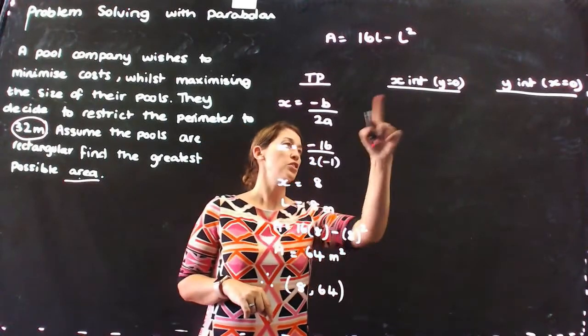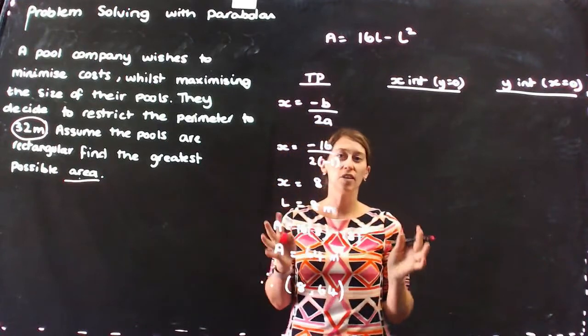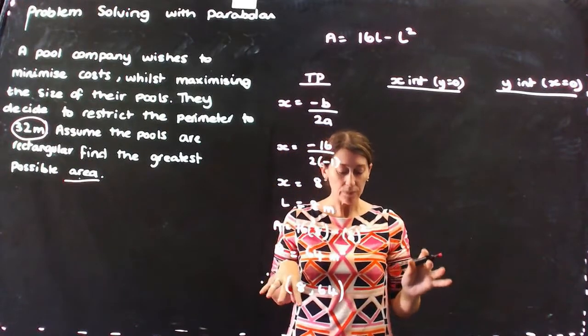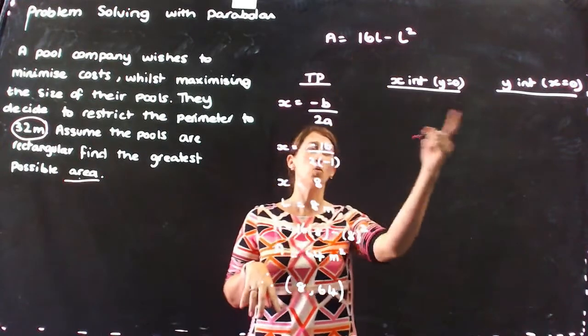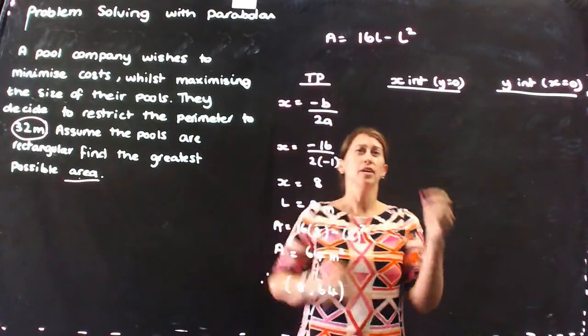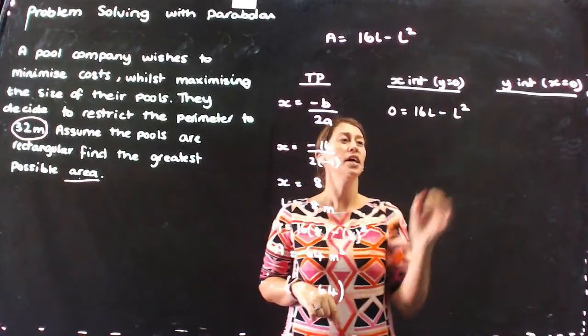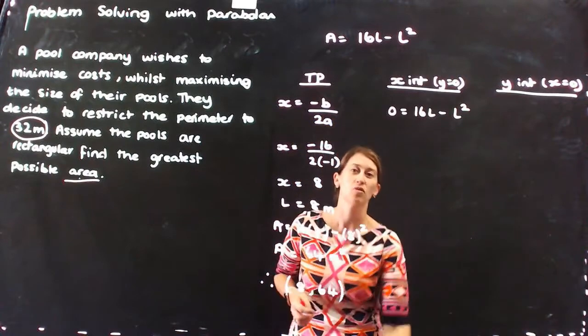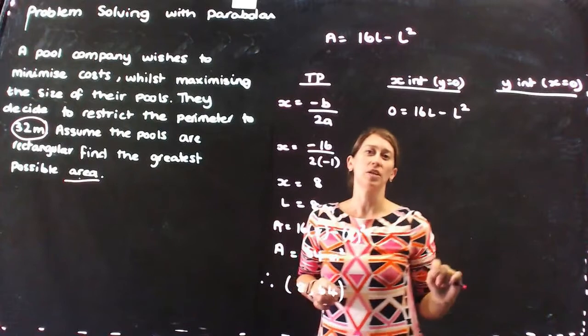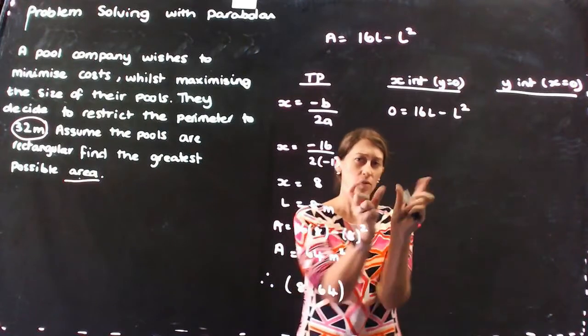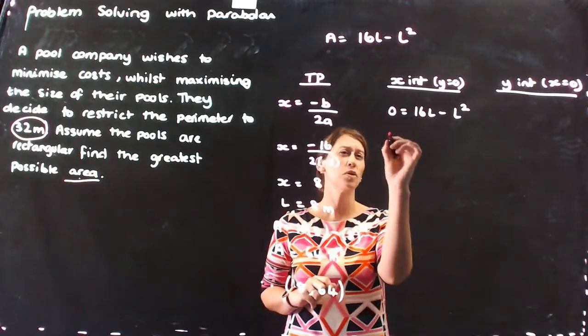Alright, let's go over to the x-intercepts. That occurs when y equals 0. Remember, y is our A. So I've got 0 equals 16L minus L squared. Now it's in general form, so we need to factorise. However, there is no plus C, so we're not going to use factorising with two brackets. We're going to use factorising with just one bracket.